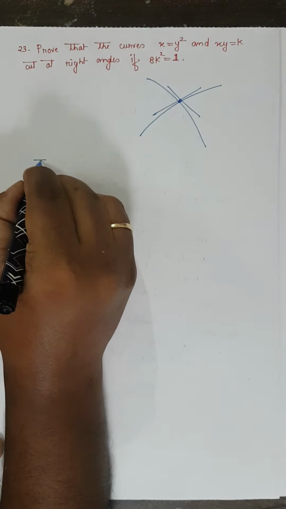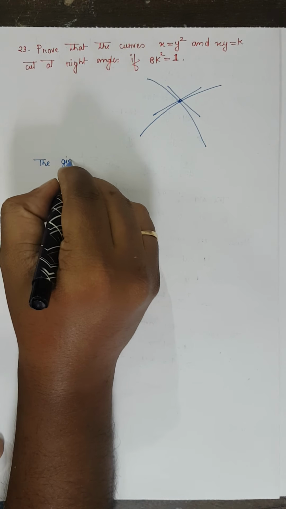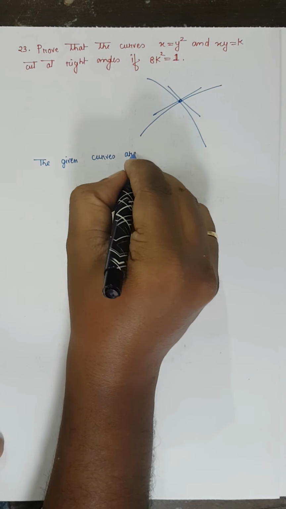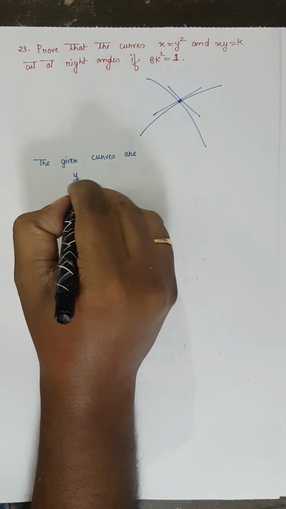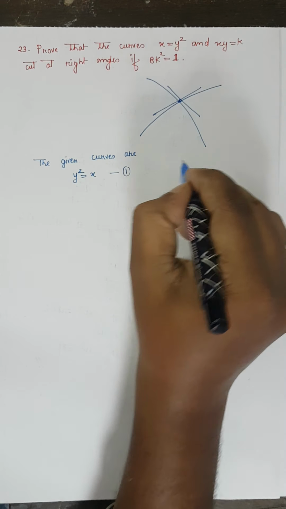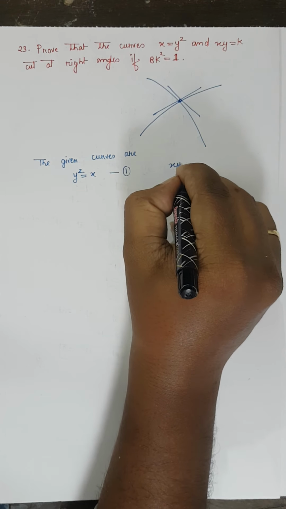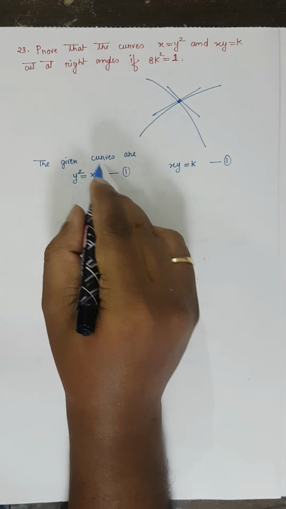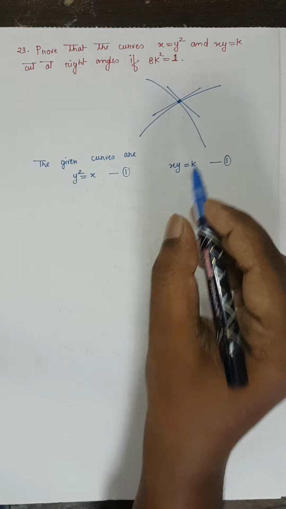The given curves are: first one is y squared is equal to x, number 1, and second one is xy is equal to k. This is a parabola, this is a rectangular hyperbola.